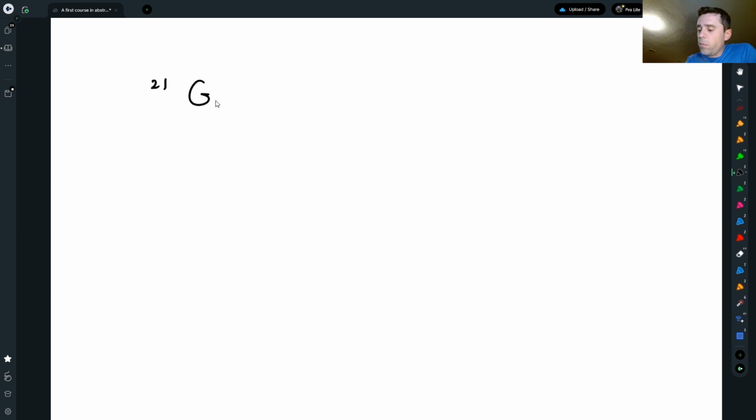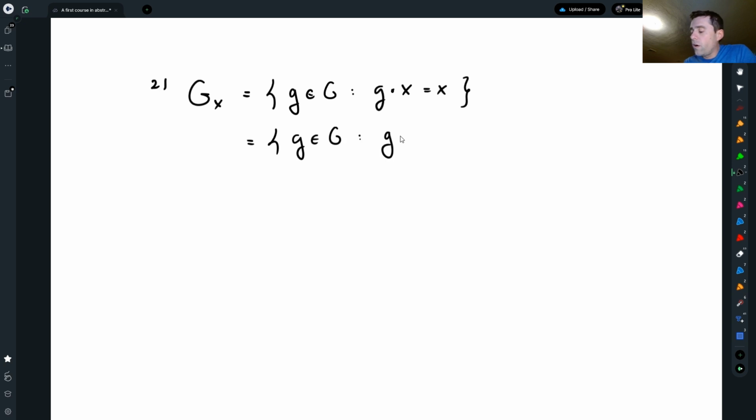And second, the stabilizer is always those g's that stabilize x, that send x to itself. But in here, we're talking about conjugation. So those elements g such that gxg inverse is x itself.